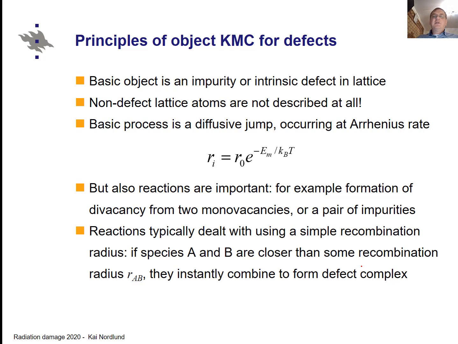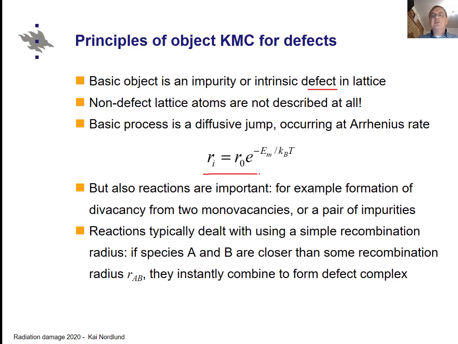And for this object KMC for defects, as I already indicated, the basic object is a defect or impurity. Non-defect lattice atoms are not described at all. This is what makes it much more efficient than molecular dynamics, because you may have millions of perfect atoms, which molecular dynamics would need to handle all of, but object KMC can just ignore them and only treat the defects which are of interest.